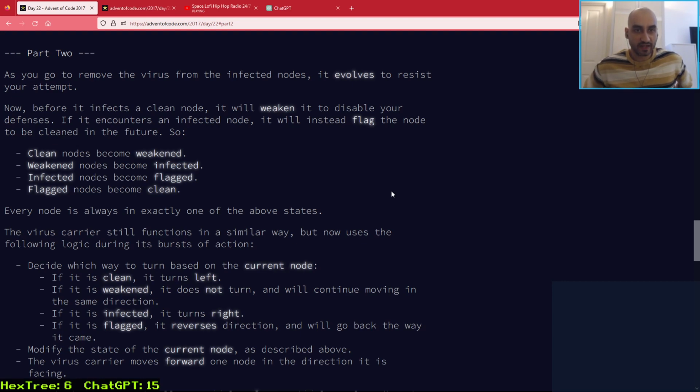If it encounters an infected node, it will instead flag the node to be cleaned in the future. So there's basically 4 states that you can rotate through. Clean becomes weakened, weakened becomes infected, infected becomes flagged, and flagged becomes clean.